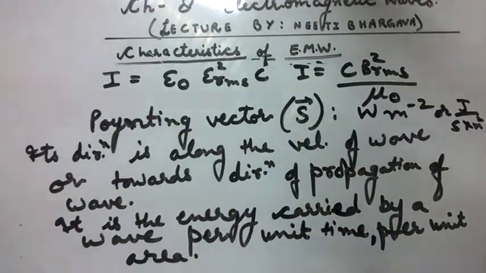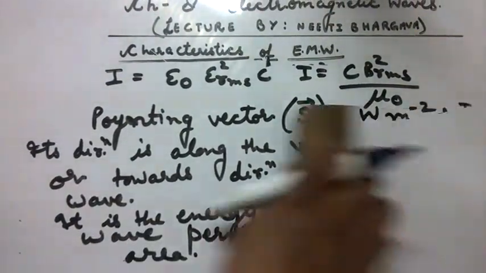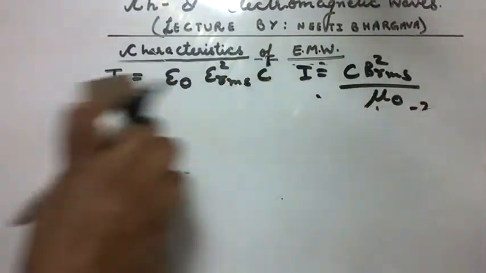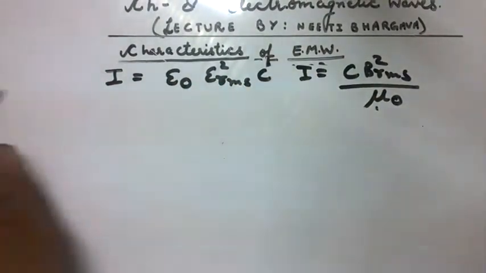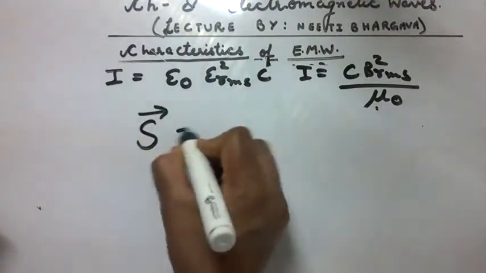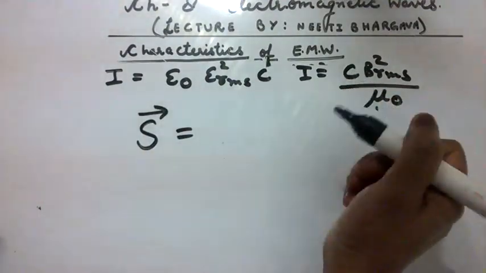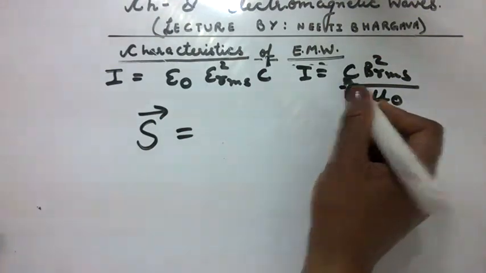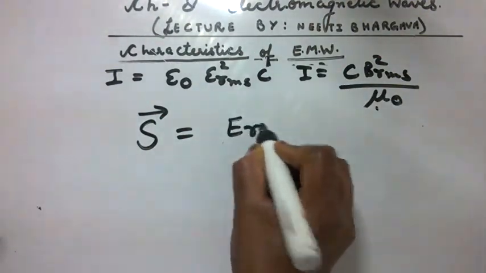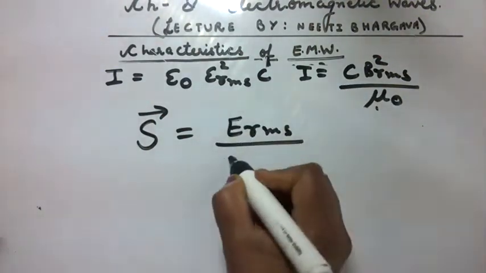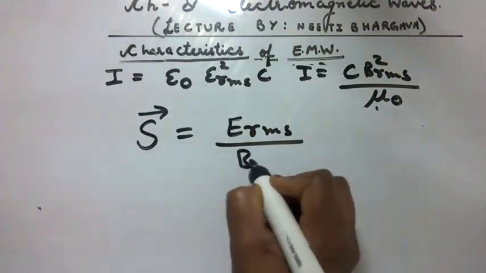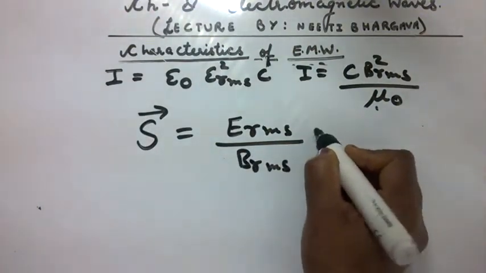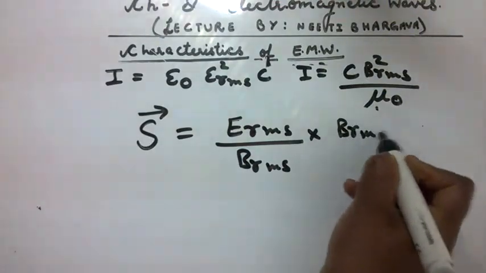Also, Poynting vector can be written as S vector equal to, as we know, C in terms of root mean square value, that is E_RMS by B_RMS. This term is as it is.